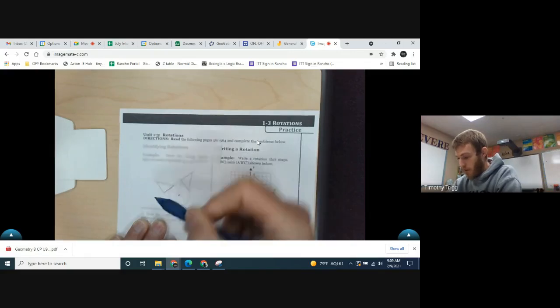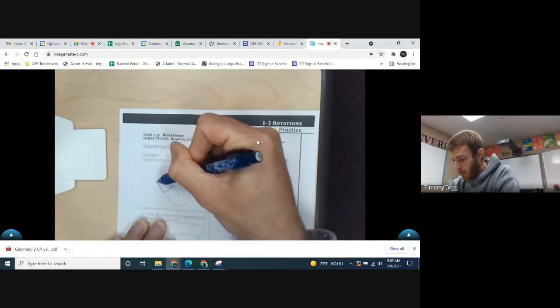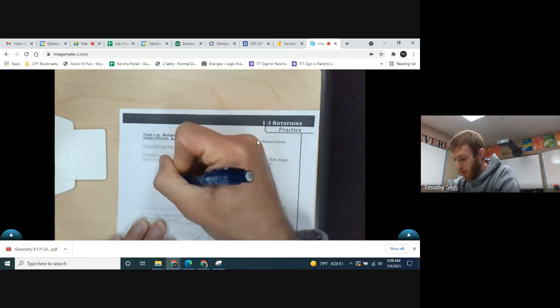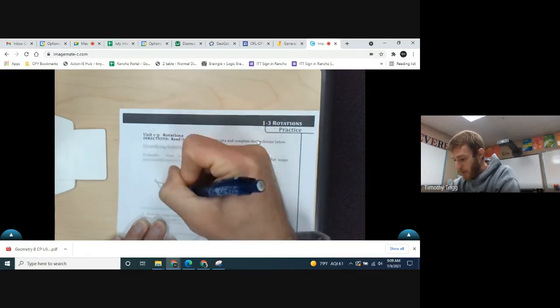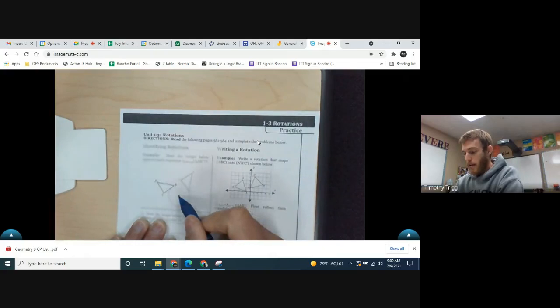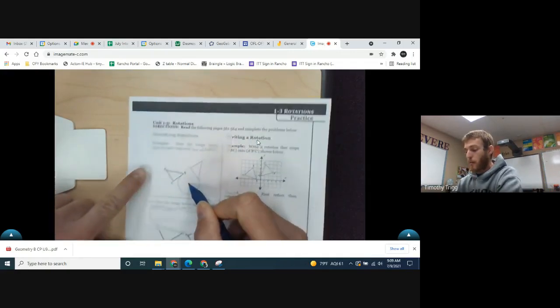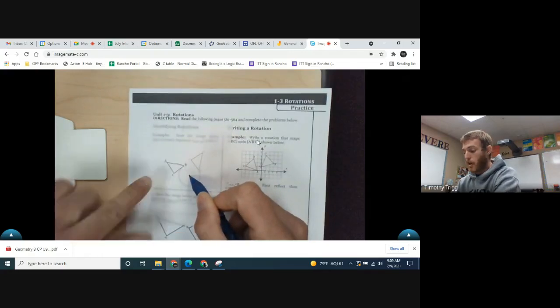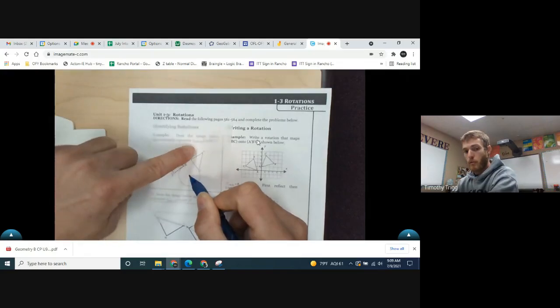So I want to trace that triangle, triangle A, B, C. And then I put the tip of my pencil at the center of rotation. Then I want to rotate my paper, and I want to see how many degrees of rotation it takes to get from this triangle to this triangle.